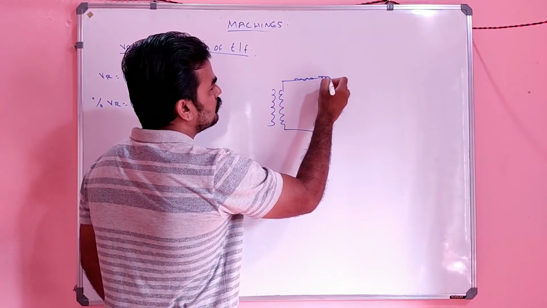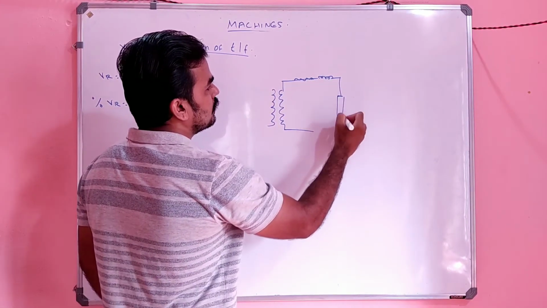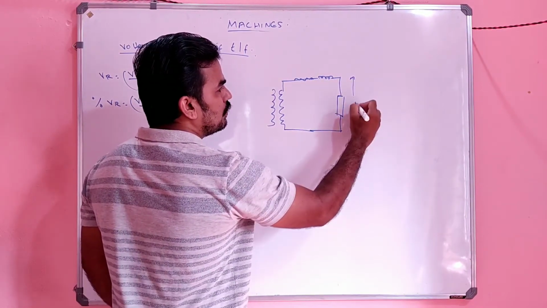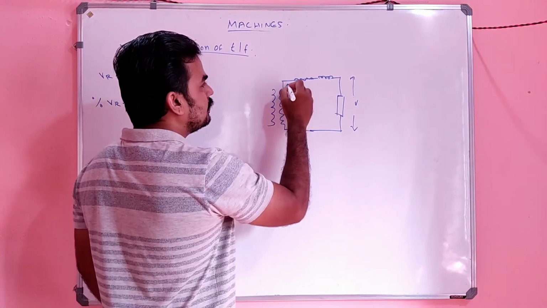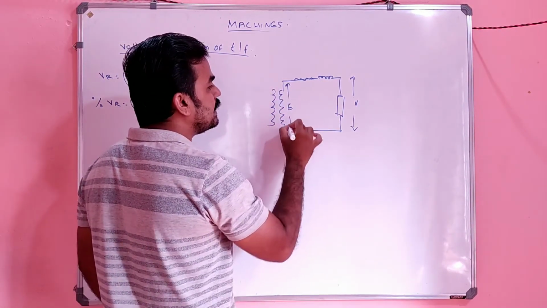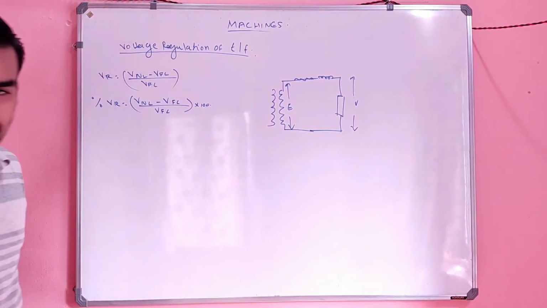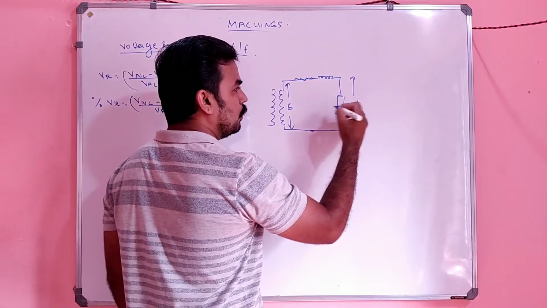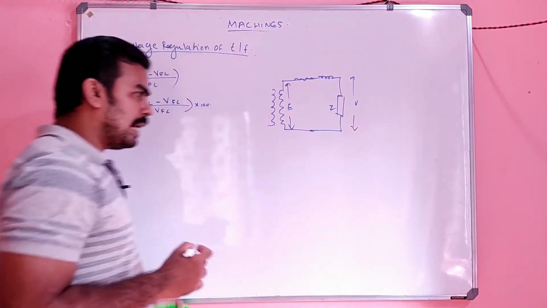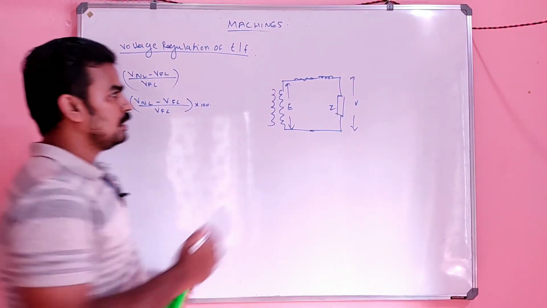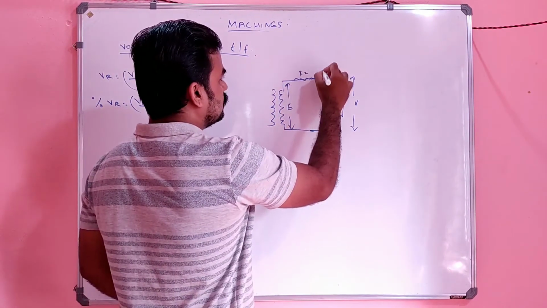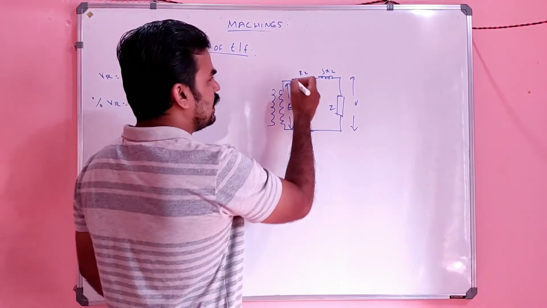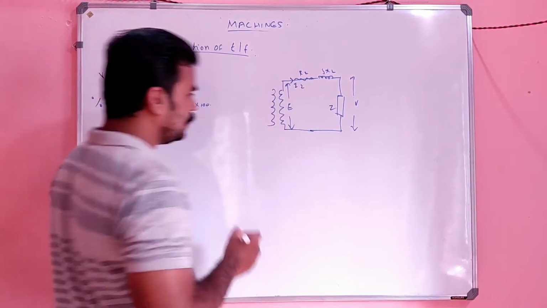There will be some resistance and reactance, and this is the load, and across the load there will be voltage V. The induced voltage here is E, V is the load voltage, and Z is the load impedance. This is R2 and jX2, and there is a current flowing in the circuit, which is I2.